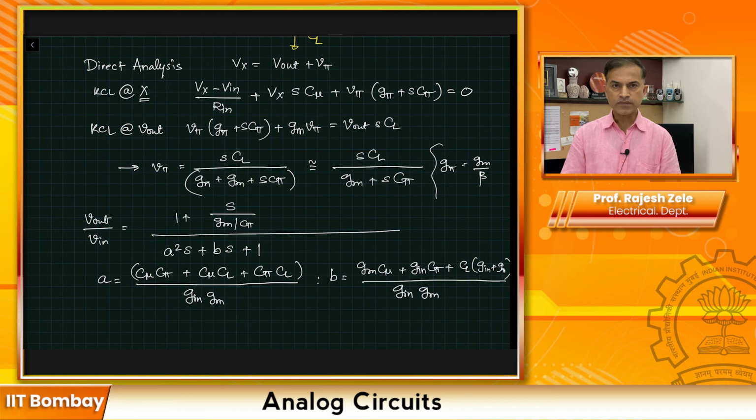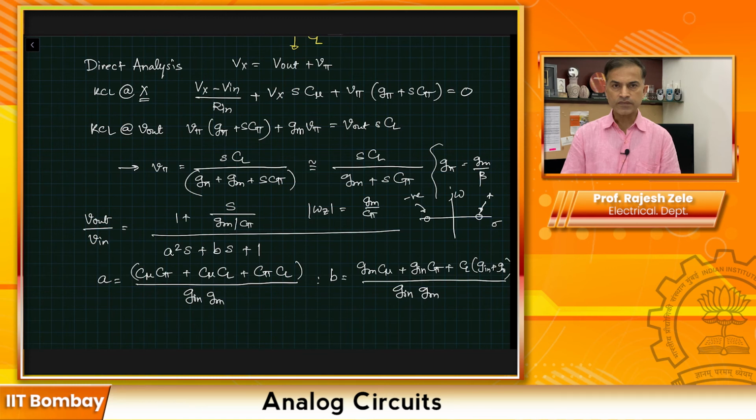If you look at the sigma and j omega axes, the left half plane zero will be at this location and the right half plane zero will be at this location. So this would be a negative number and this would be a positive number. In this particular case, we have a left half plane zero, where the magnitude of omega z is given by gm over C pi.